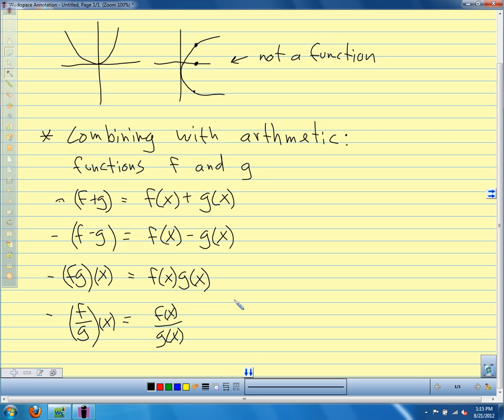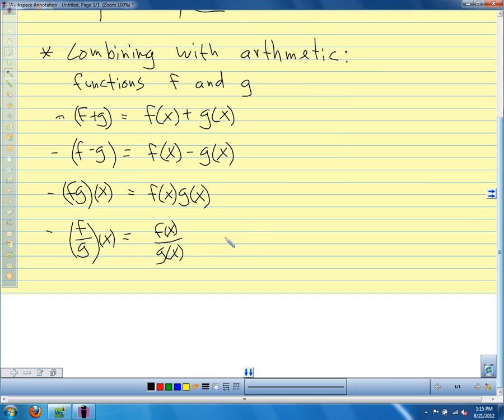And what do we have to be careful with when we're dividing? What has to be true of g of x here when we're dividing these functions? What gives us a problem if we divide by it? Zero. g of x can't equal 0.